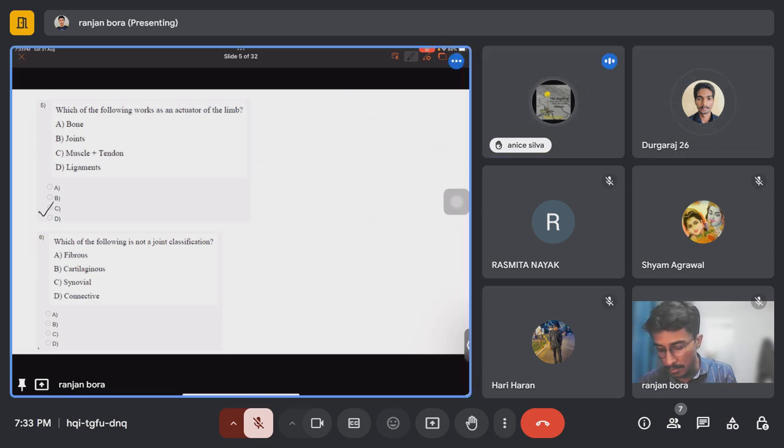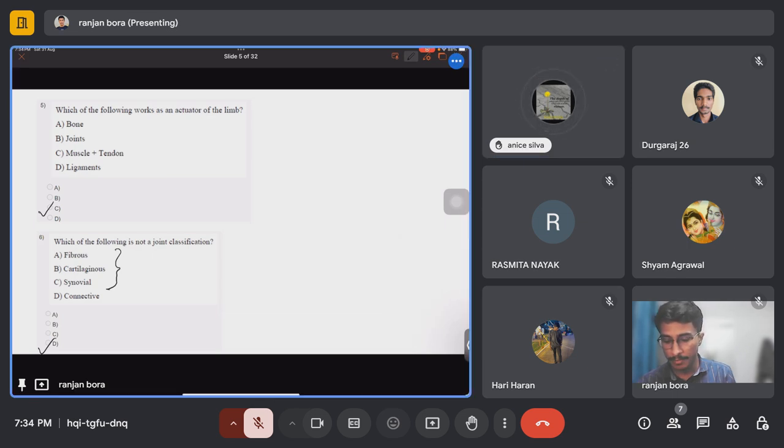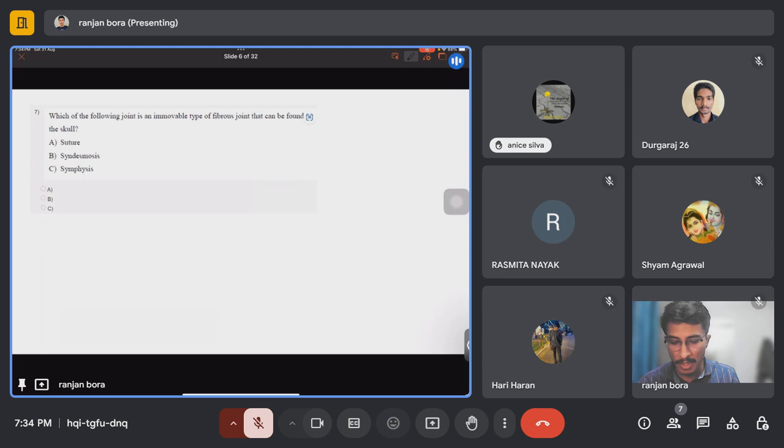Yes. We have seen in the last lecture, if you go to the video, you will find these classifications are based on the structure of a joint. And which of the following joints is an immovable type of fibrous joint that can be found on the skull?